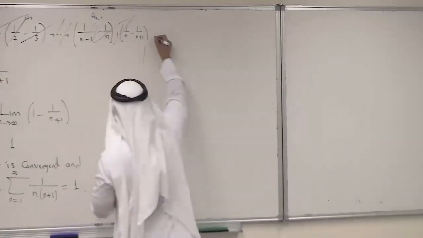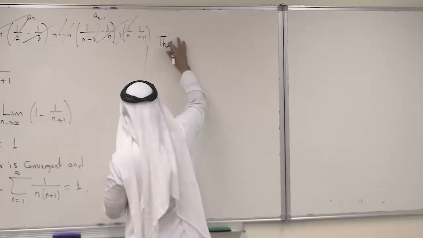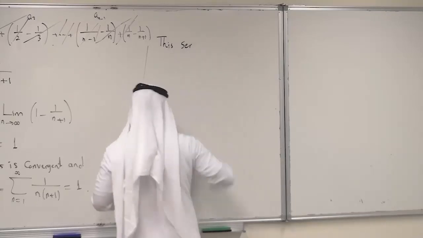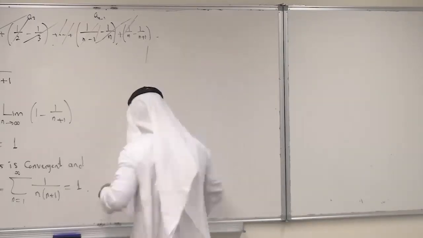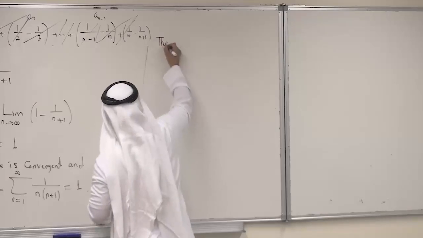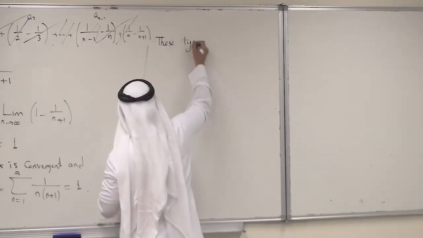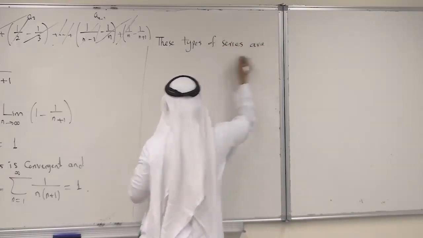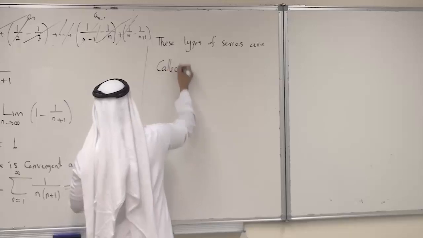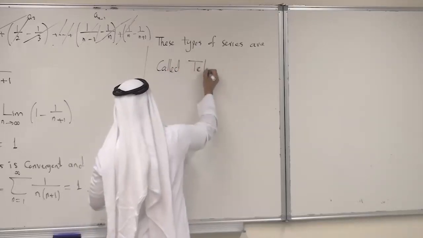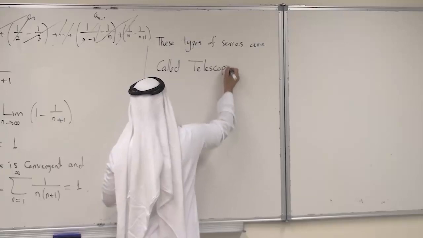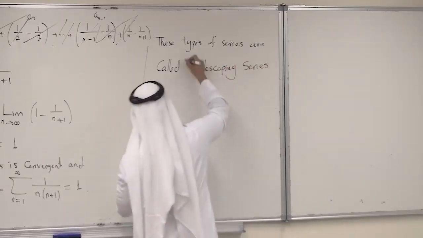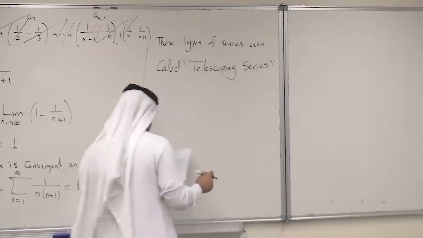This series, the above series, the previous series, or let us say this type of series, let me write it this way: these types of series are called telescoping series. Okay, so we give it a specific name here.